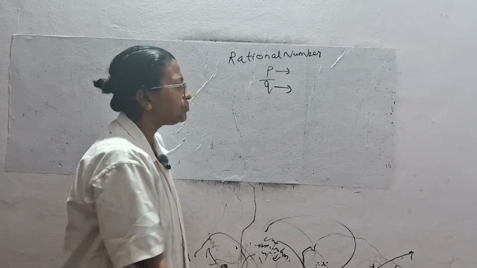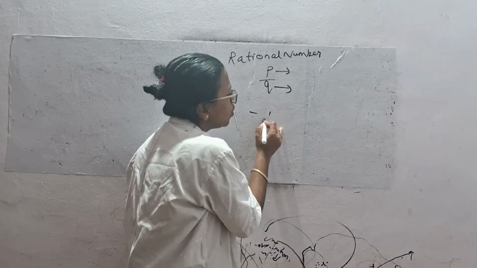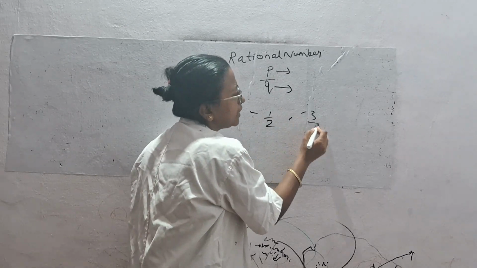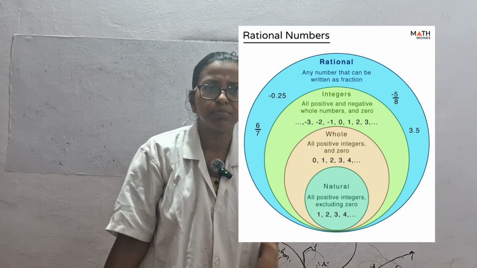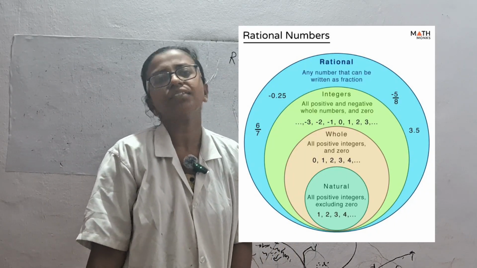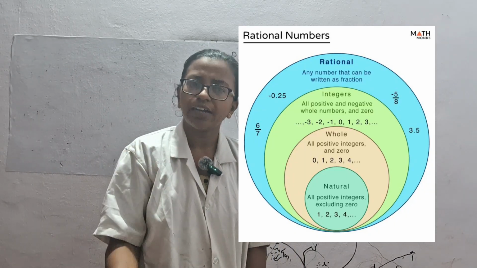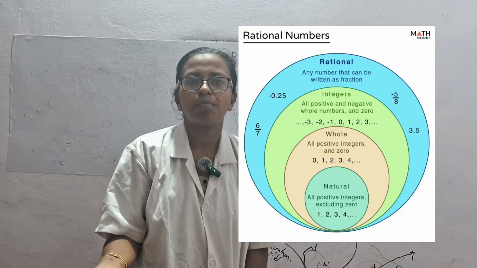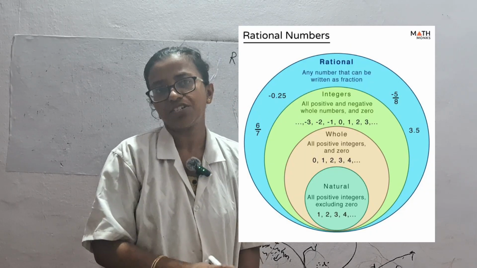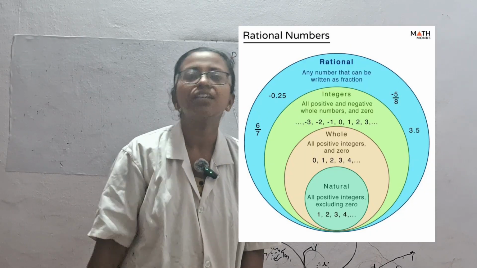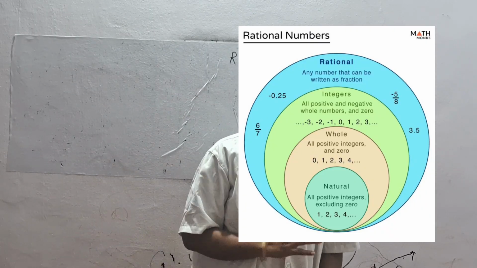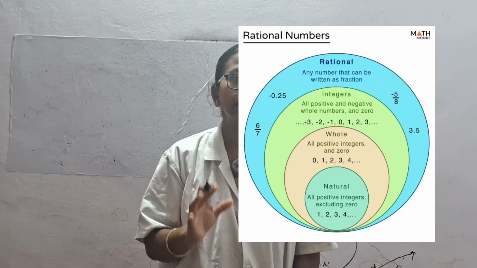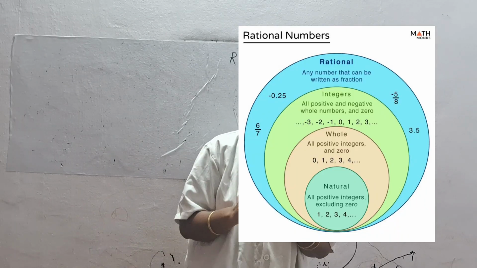We can say minus 1 by 2, minus 3 by 2 are called rational numbers. Rational numbers include integers, whole numbers, natural numbers, and also fractions. Those are rational numbers.